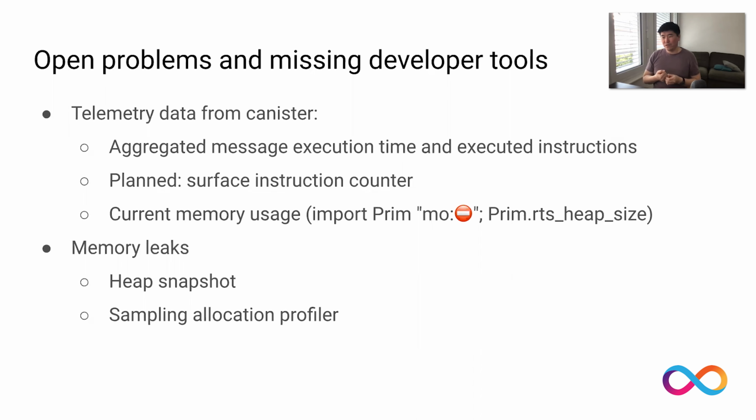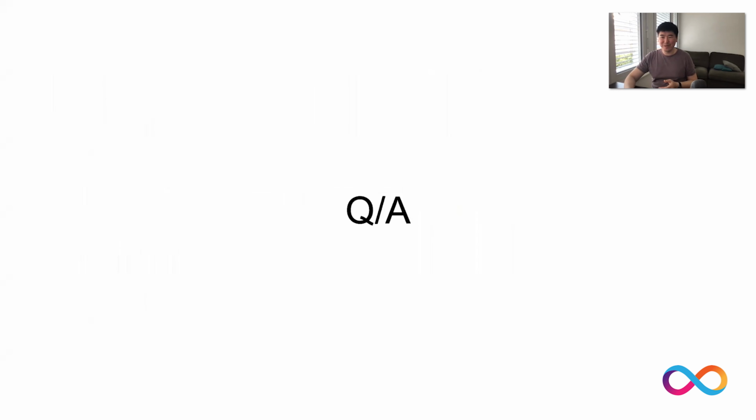And another useful tool there is the sampling allocation profiler. What it does is give you a list of functions that allocated a lot of data, and the data was not freed later on. So that's kind of the list. It's mostly in the context of memory systems. And yeah, with that, I think I'm at the end of my talk and happy to take questions.